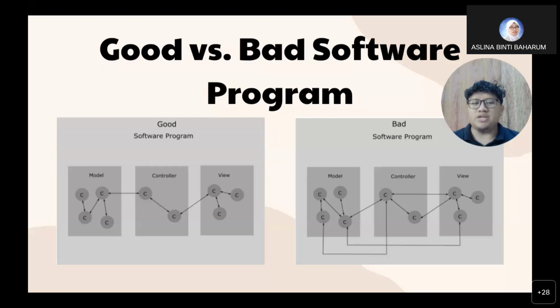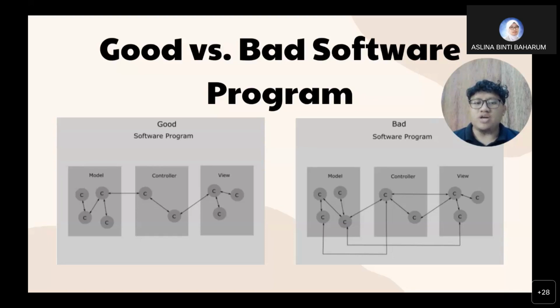This is the second example of good and bad software program. MVC architecture mandates which components can directly use other components. So in the diagram, we can see that in the good software program, since the model, view, and controller have separate functions, access to each other is also restricted. Typically, the model and view cannot directly access each other, and the controller communicates with both.